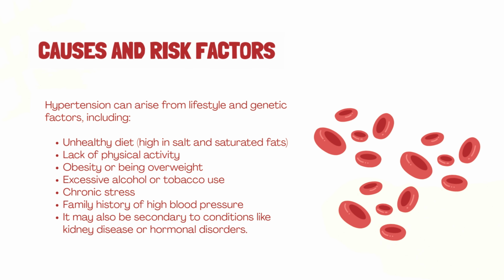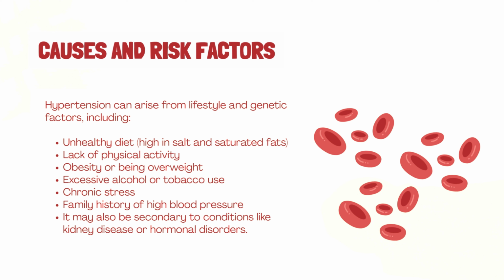What are the causes and risk factors of hypertension? Here we can see certain causes due to which a person can have hypertension. Hypertension can arise from lifestyle and genetic factors, and it can also be inherited.